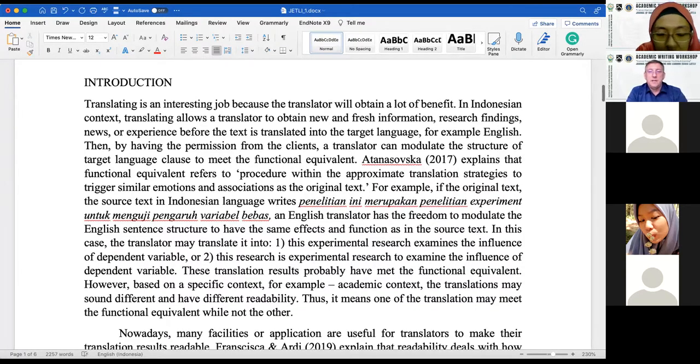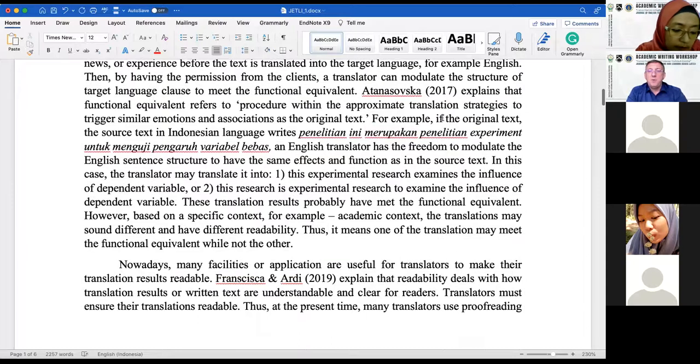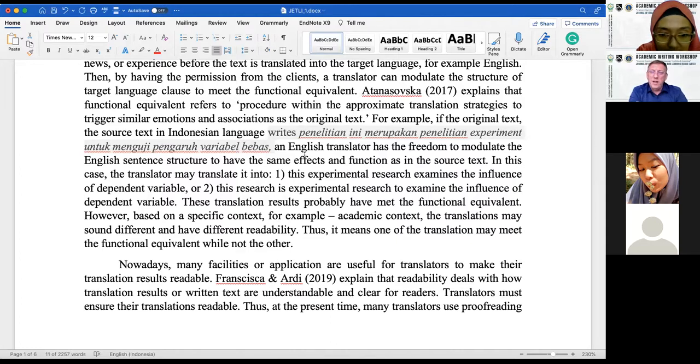Yeah. Now, for example, if the original text, wow, what is this? They used a language that is not English, and the way that they wrote the sentence is very unnatural, very unnatural.